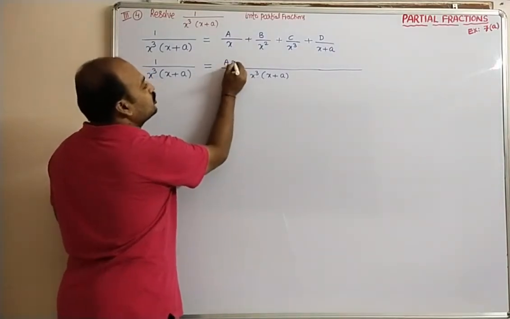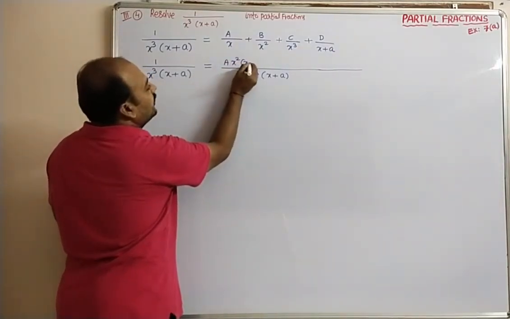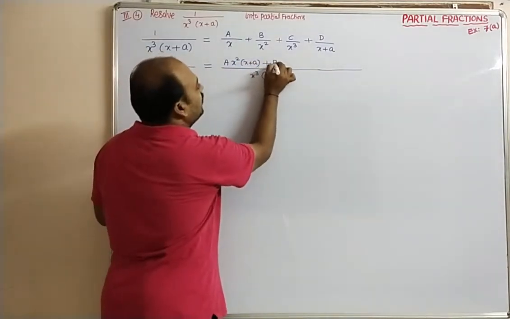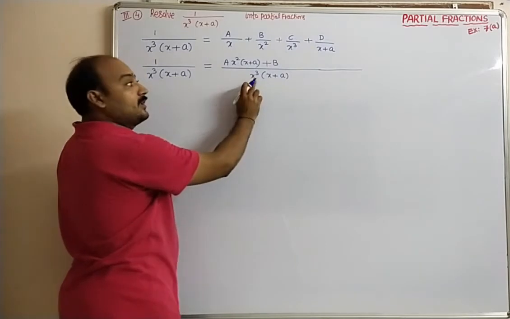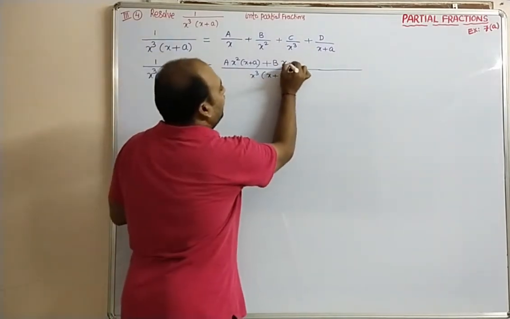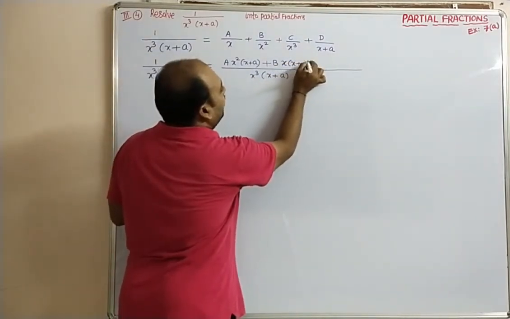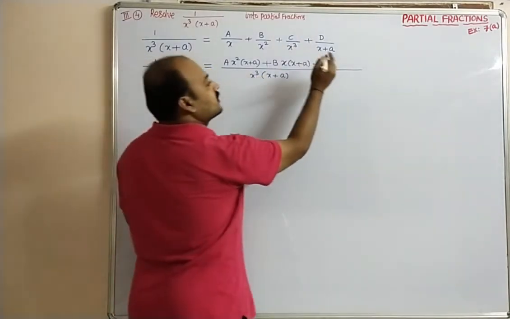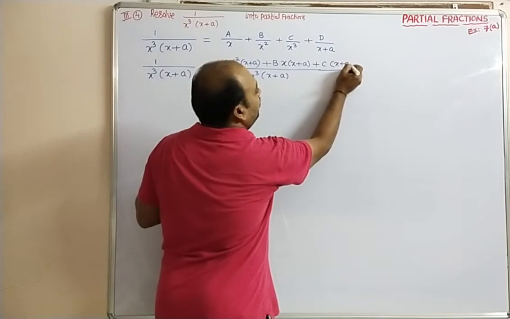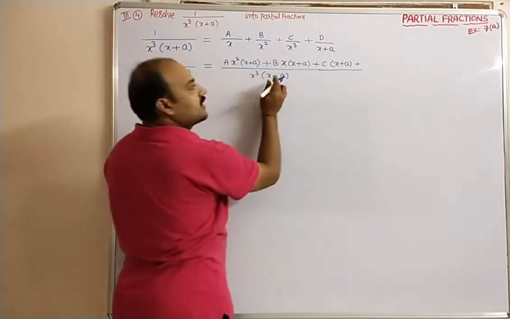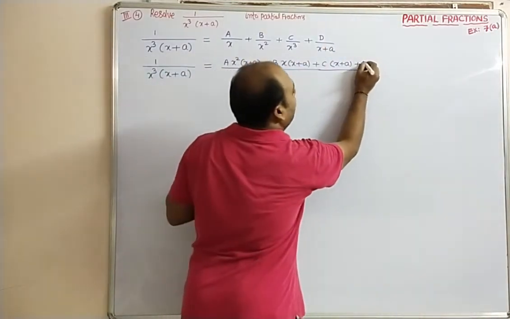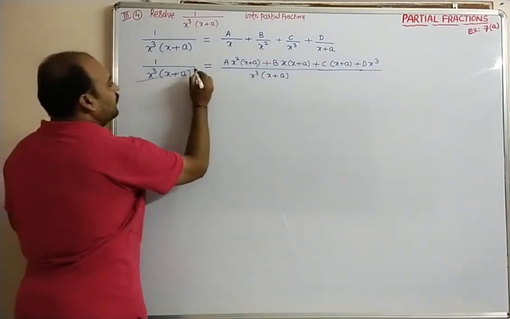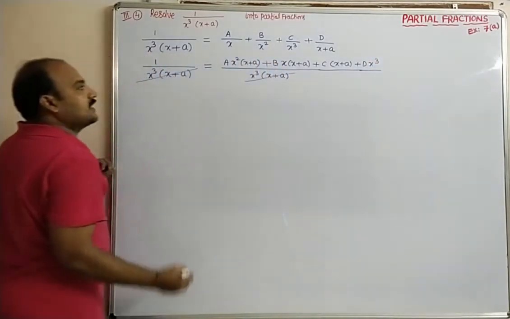So A into x square into x plus a, plus B into x into x plus a, plus C into x plus a, plus D into x cube. On both sides, x cube into x plus a will be cancelled.